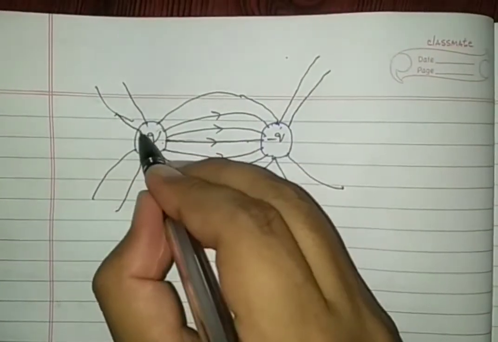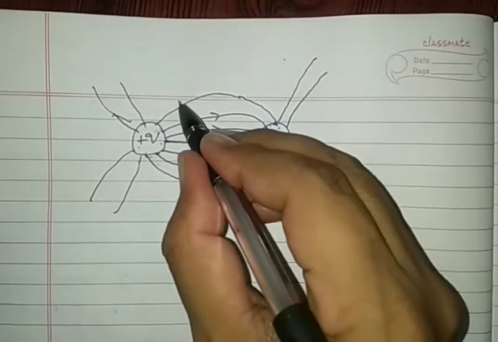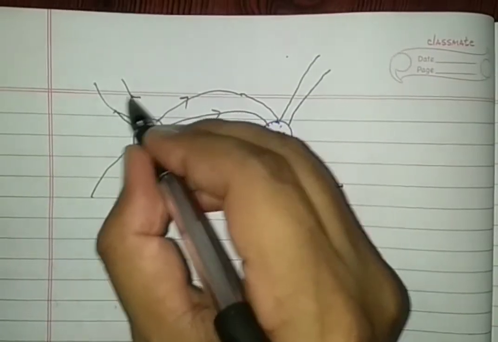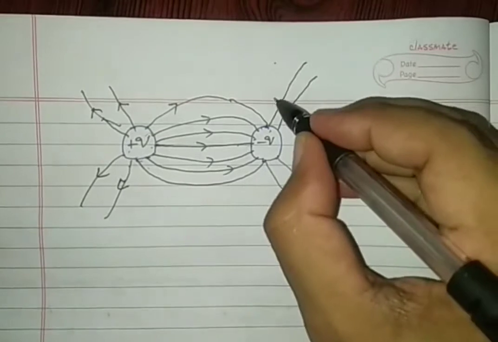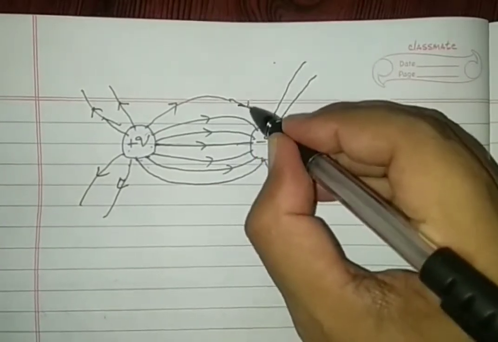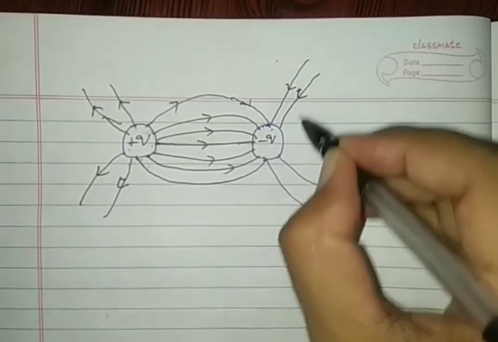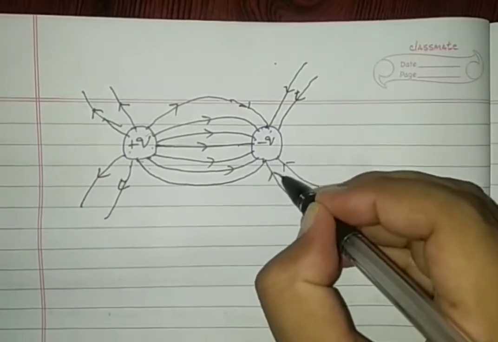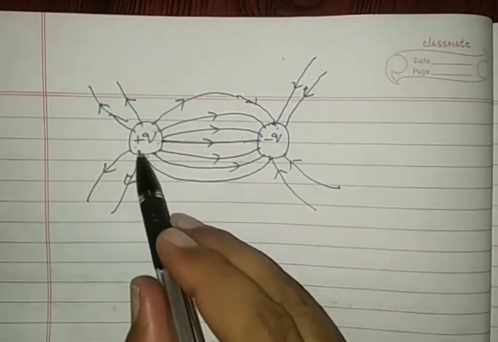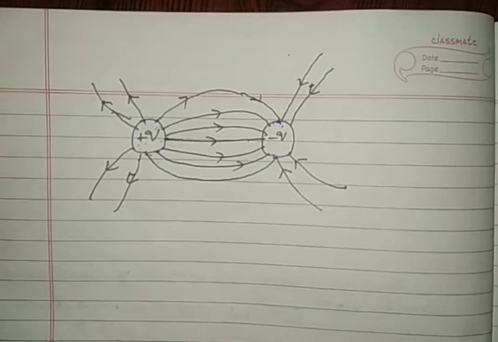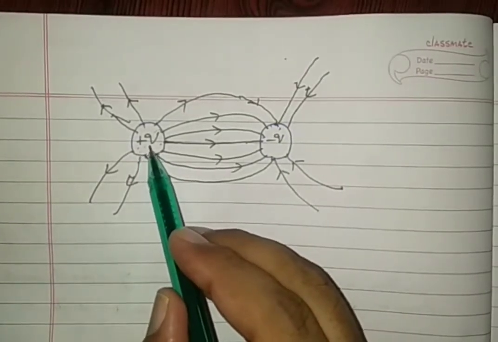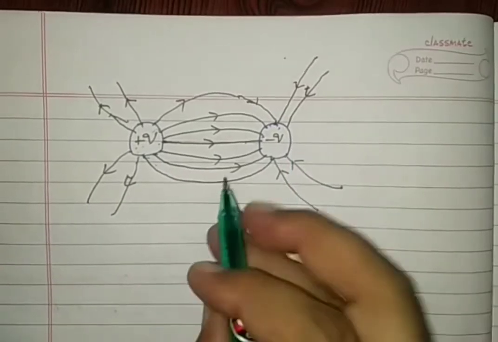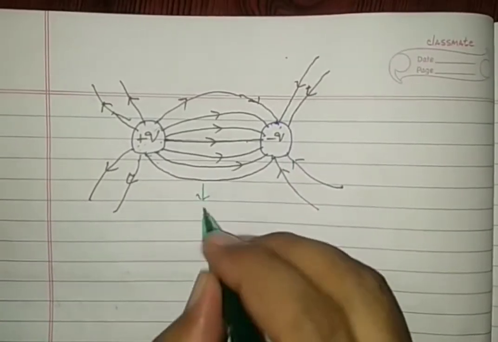In a positive charge, electric lines of force seem to emit, whereas in a negative charge they seem to enter. So electric lines of force emit from the positive charge and enter the negative charge.